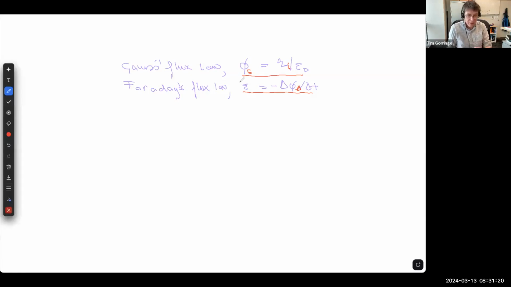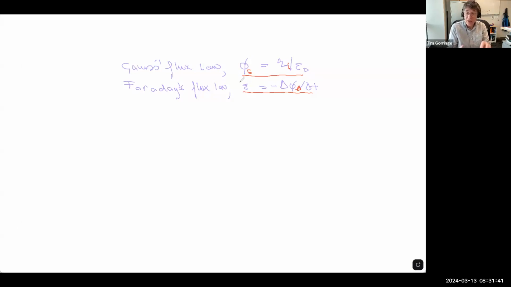In motional EMF, Faraday's flux law is again an alternative way of expressing or understanding that a moving charge in a magnetic field experiences a magnetic force.